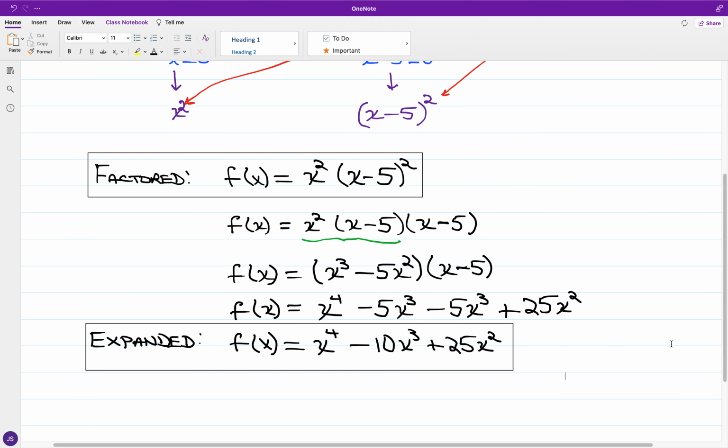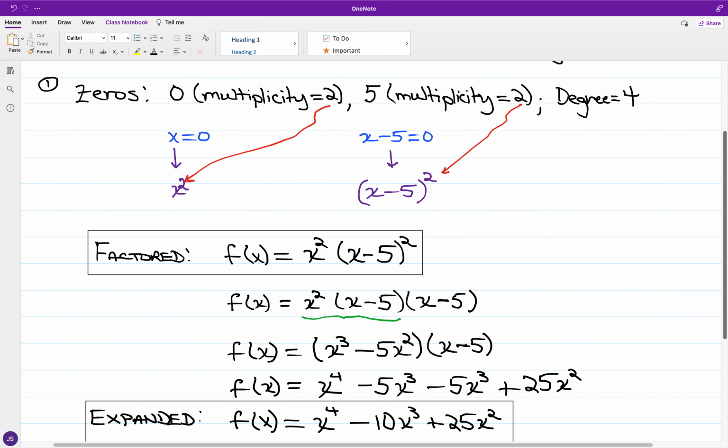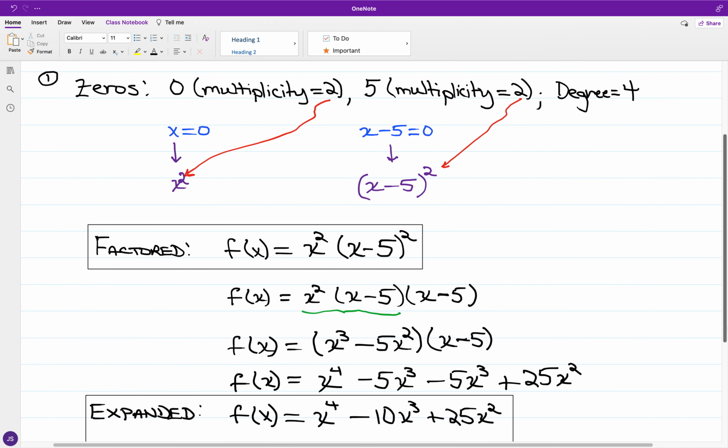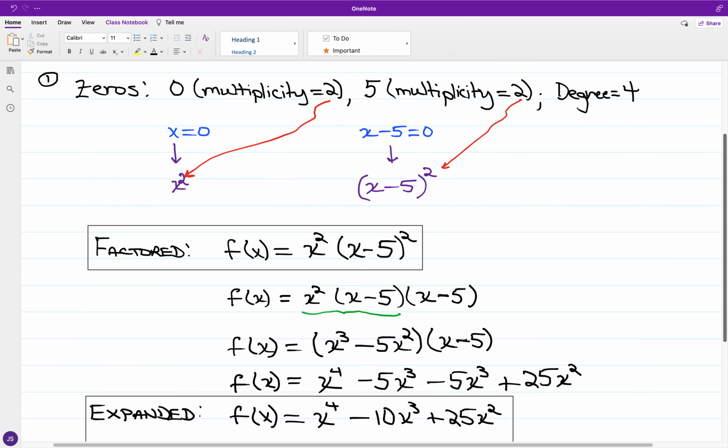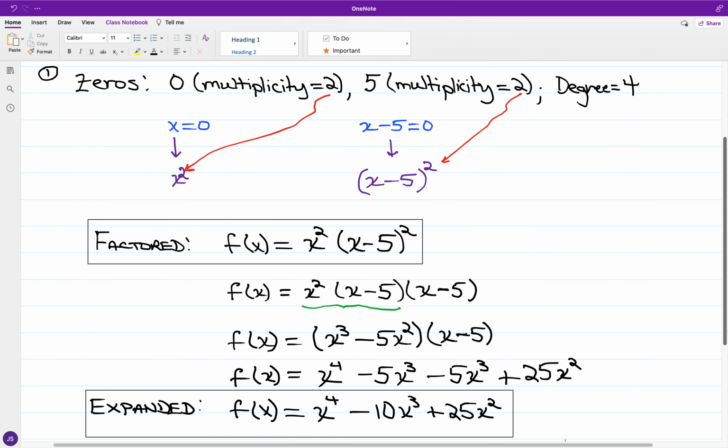Alright, another situation. This is like taking the zeros and their multiplicities and forming a polynomial in both factored and expanded form.